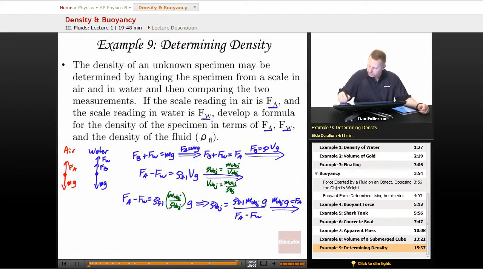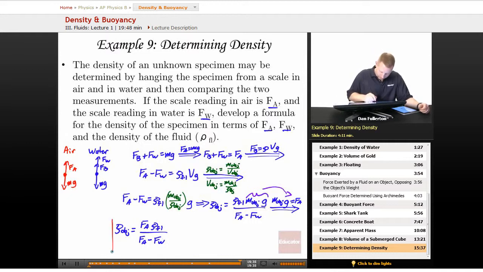So mass of the object times g right here, I'm going to replace with FA to write that the density of our object is equal to, well, we've got FA times the density of our fluid divided by the scale reading in air minus the scale reading in water.